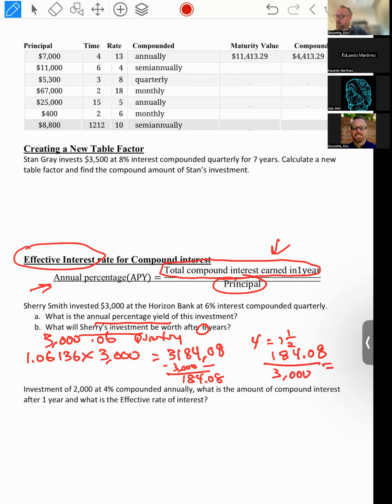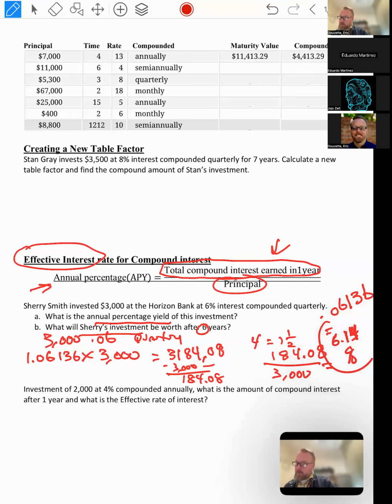That's going to give me my effective interest rate. So divide that, 184.08 divided by 3,000. It's out to 0.06136, or the same thing as saying 6.14%.